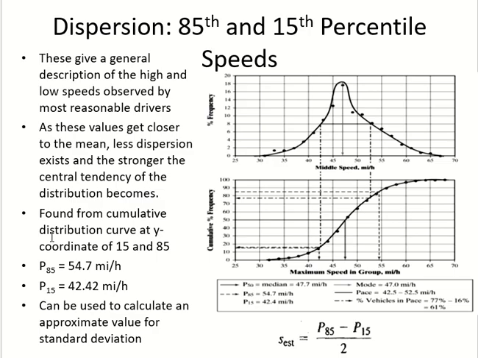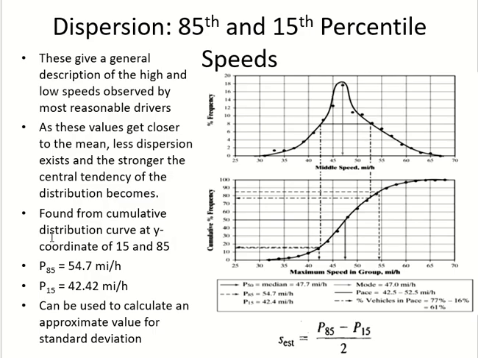So if I say the 15th percentile of the data is 40 miles per hour, that means 15% of the data lies at 40 miles per hour or less. This is the meaning of the percentile. Clear?